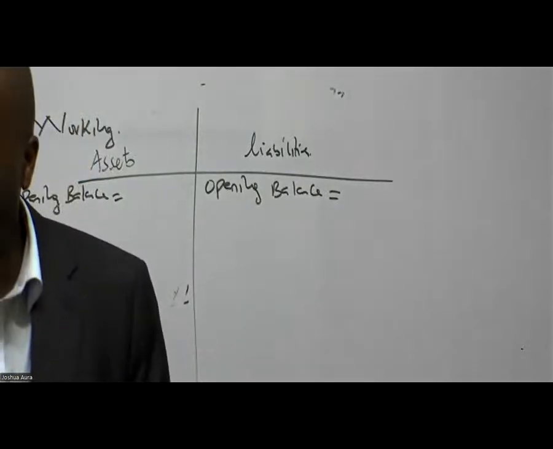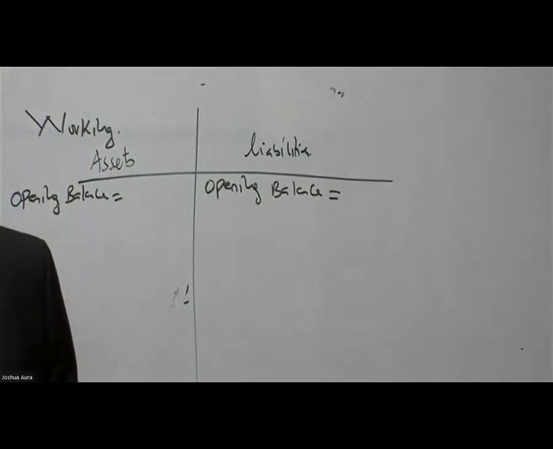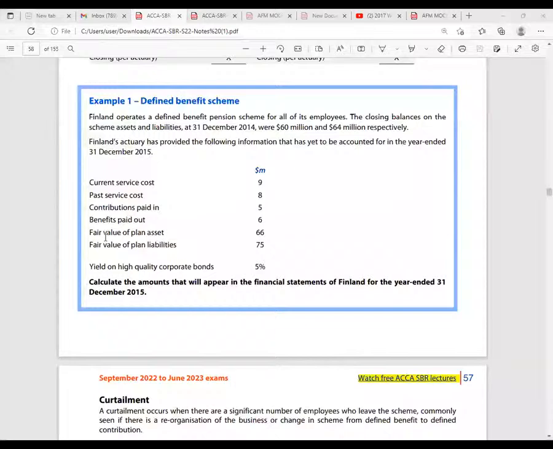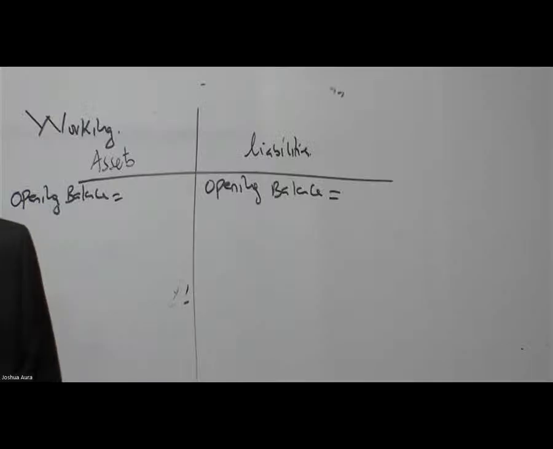Oh, yes, he has done this. They've told us the closing balances on the scheme's assets at the end of 2014. You see now we are in 2015, so the closing balances of 2014 must be the opening balances of 2015. For the assets and liabilities respectively, we have 60 and 64. That's a mark. Low hanging fruit, 60, 64.